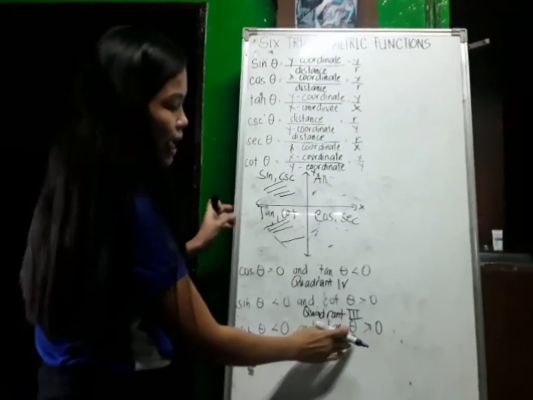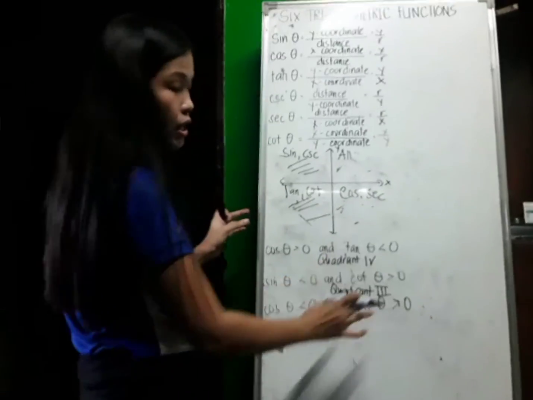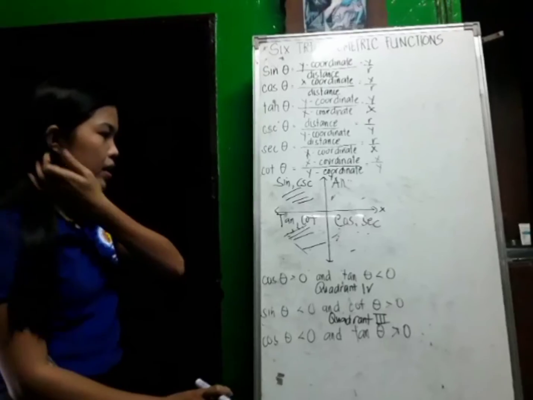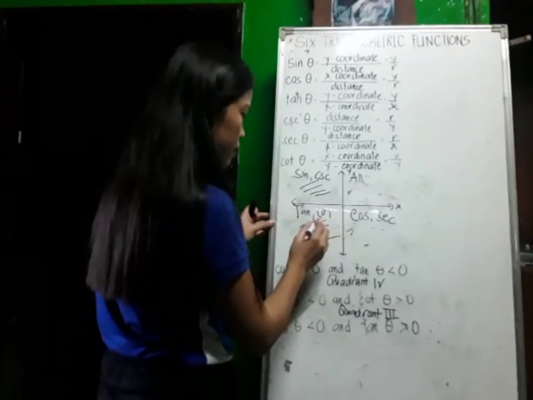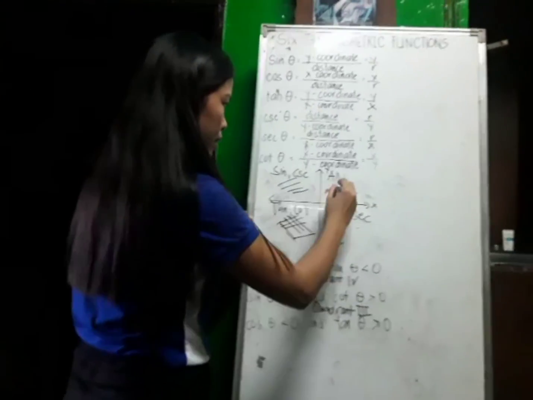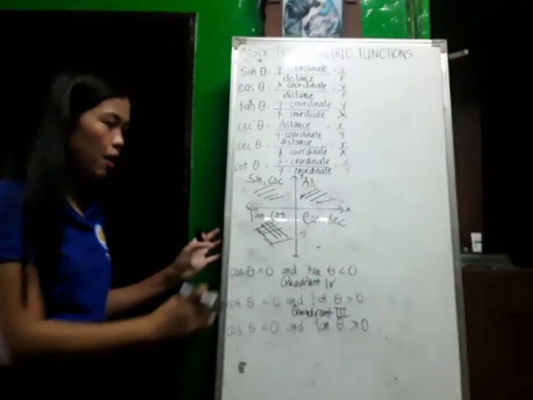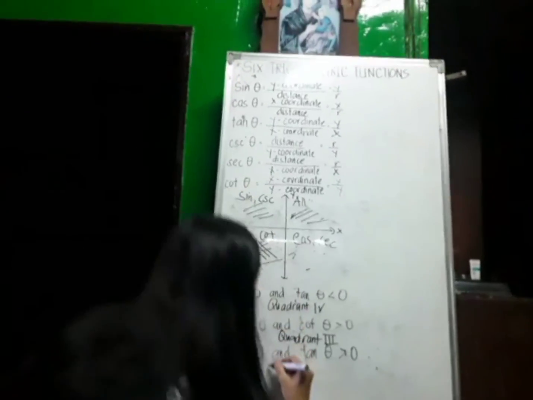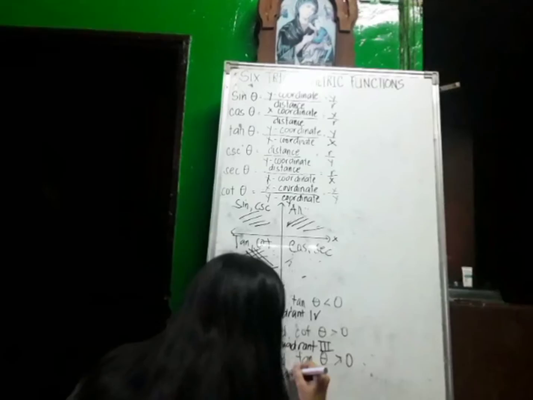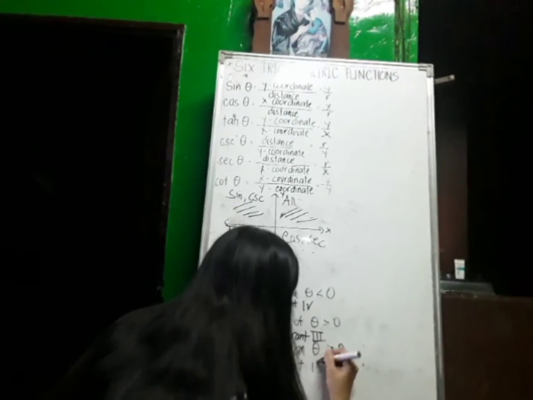And tan theta is greater than 0, so it is positive. It can be found here. So its common quadrant is quadrant 3.